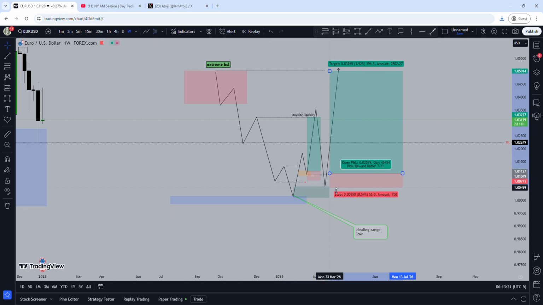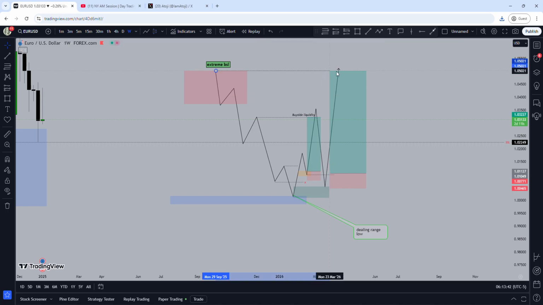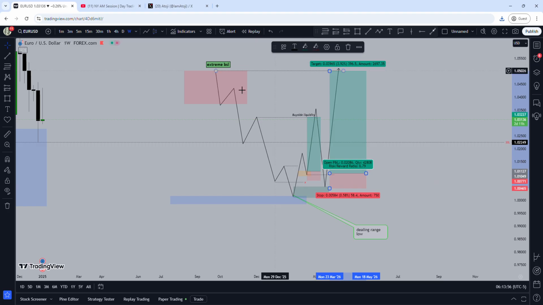So I'm not talking about entry models right now, but next time I'm going to be talking about entry models. So yeah, this is basically it.